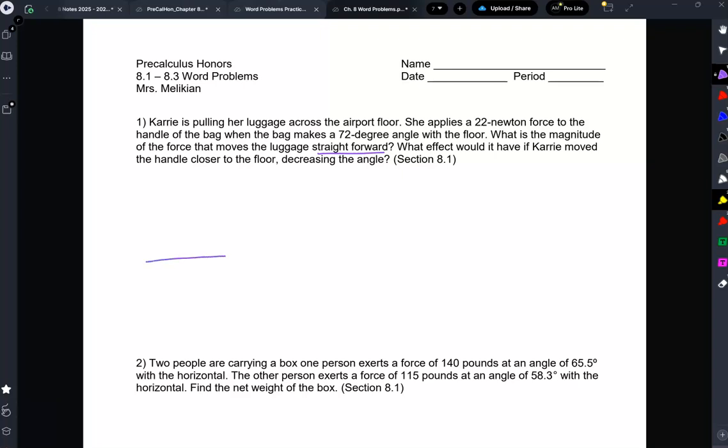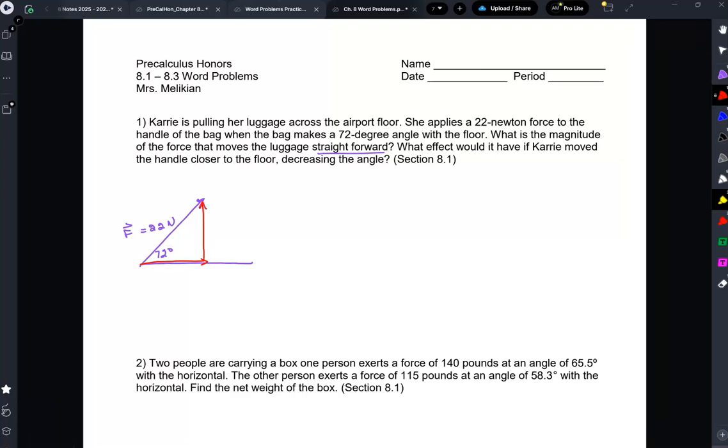So if this is the floor and this is 72 degrees and there is a 22 Newton force, let's call that F. What we want is the force that moves the luggage straight forward, meaning I want this one right here. That's the X component, and this is the Y component.